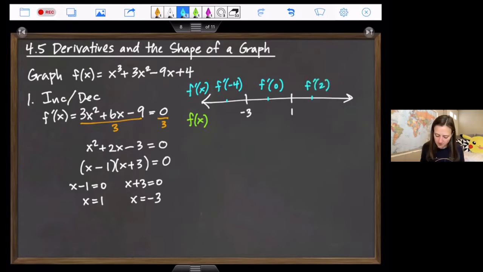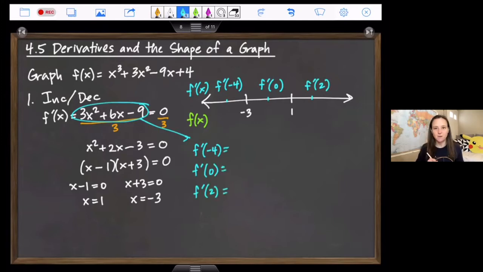So we're going to take our derivative and find f prime of -4, f prime of 0, and f prime of 2. So let's see what we get for these three derivative values.